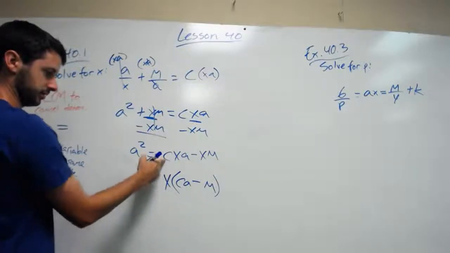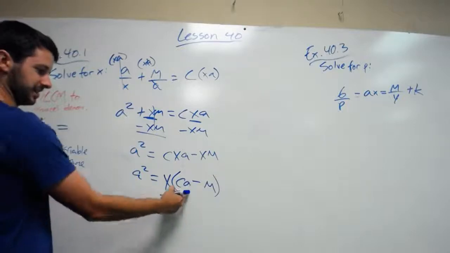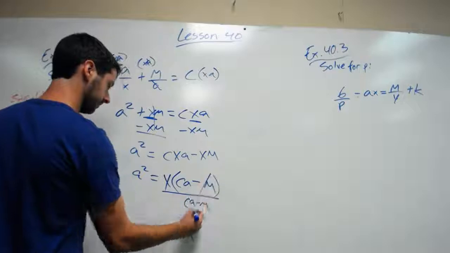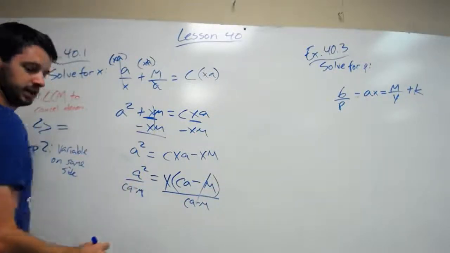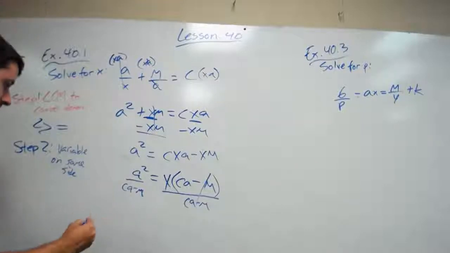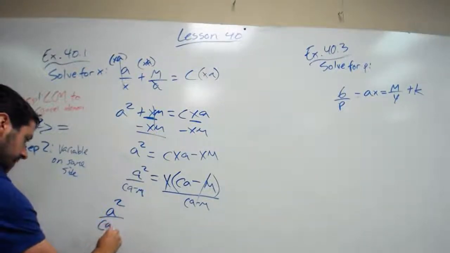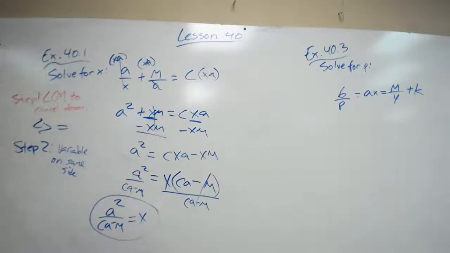Now we have a squared, and x times this expression, so we can divide by ca minus n. So our answer would be a squared over ca minus n equals x. And that is solved for x.